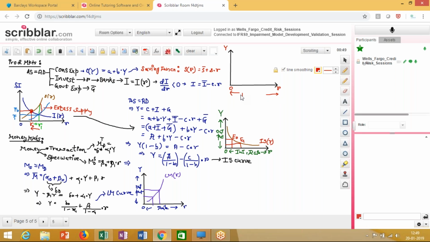So over here, what we have is rate of interest. And over here, what we have is output.